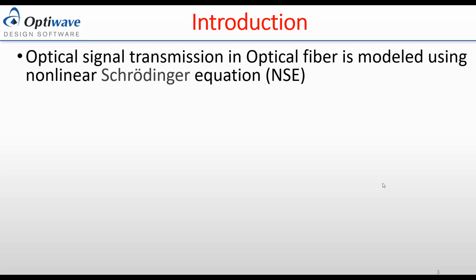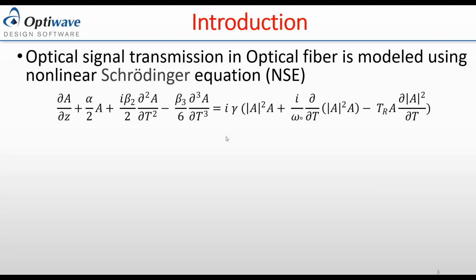Optical signal transmission in fibers is usually modeled using the nonlinear Schrodinger equation shown here. This equation addresses the physical characteristics of the optical fiber, including the attenuation and the dispersion: the group velocity dispersion and the third order dispersion.